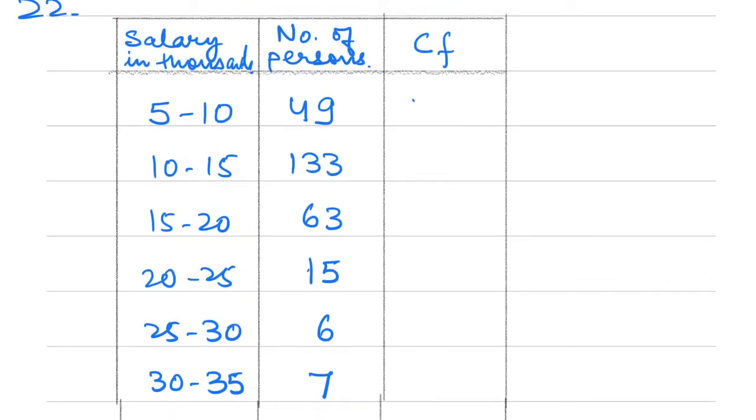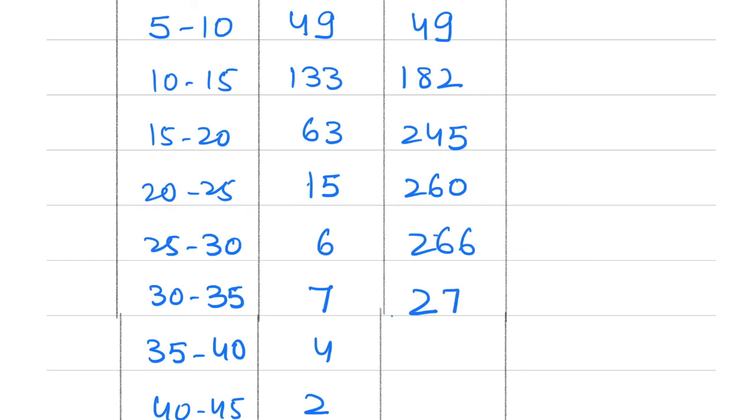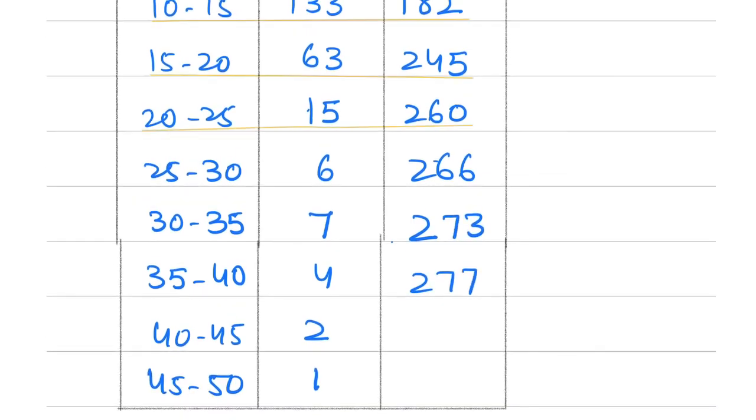Less than 10,000 we have 49 people, then less than 15,000 we have 182, then less than 20,000 it is 245, and less than 25,000 we have 260, less than 30,000 we have 266, then less than 35,000 we have 273, and then 277 which is less than 40,000, less than 45,000 is 279, and less than 50,000 there are 280 people.